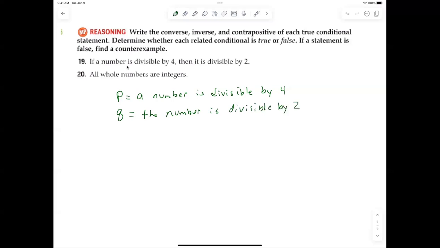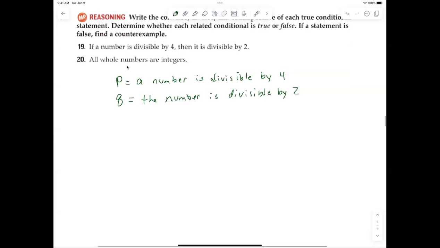All right. Now, the conditional statement, if a number is divisible by 4, then it is divisible by 2, is written if p, then q. This is the logical way. And that p is supposed to be lowercase, not capital. So we just say if p, then q. That's how you would write it.